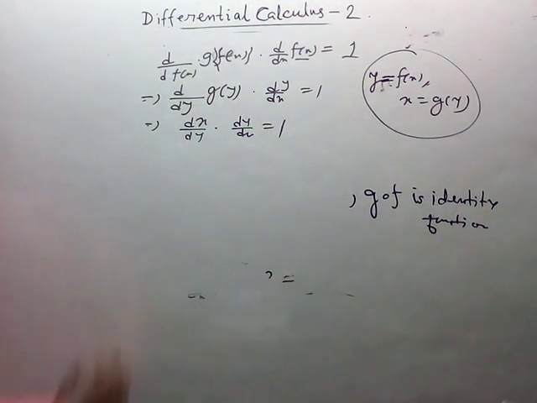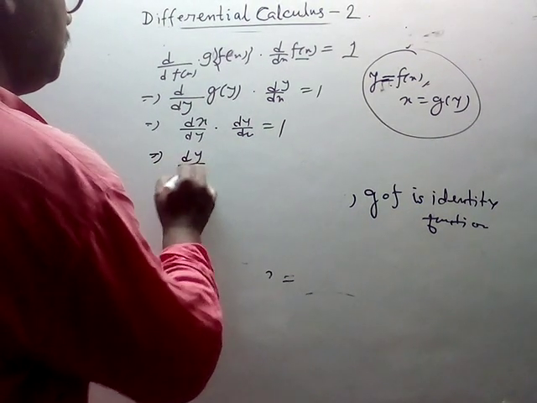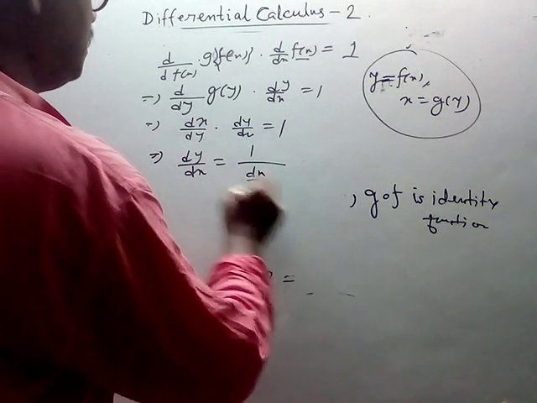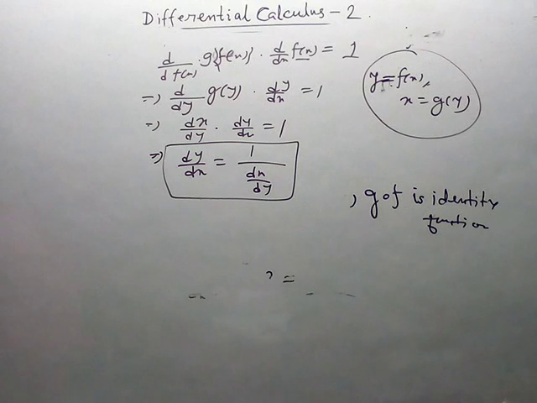So dy/dx equals 1 by dx/dy. So we can write dy/dx equals 1 by dx/dy.